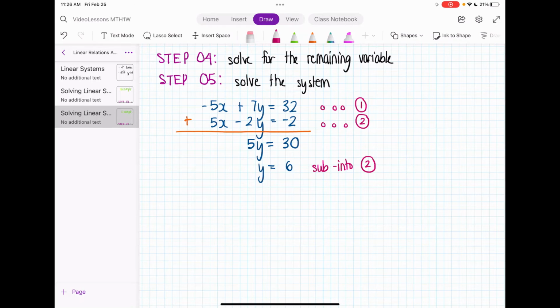In equation 2, wherever I see y, I now replace it with 6. So that gives me 5x minus 12 equals negative 2. 5x equals 10. x equals 2.